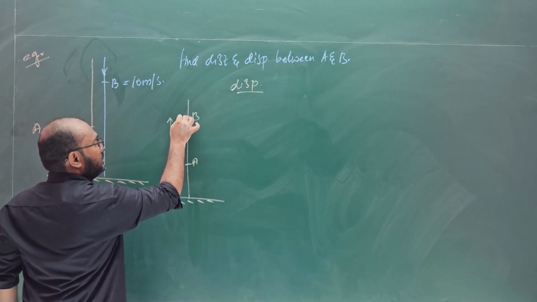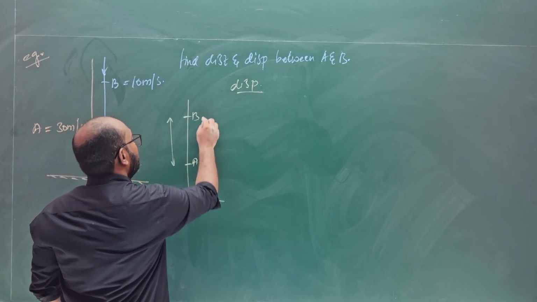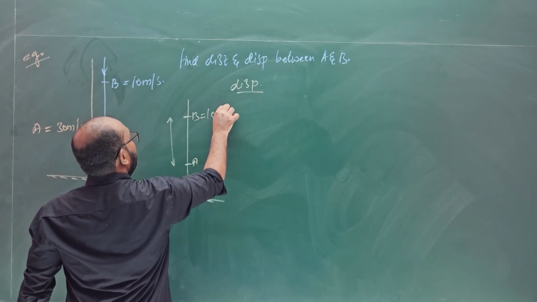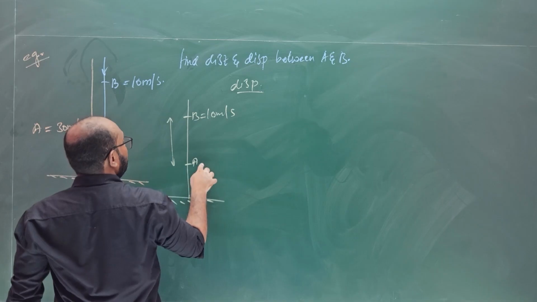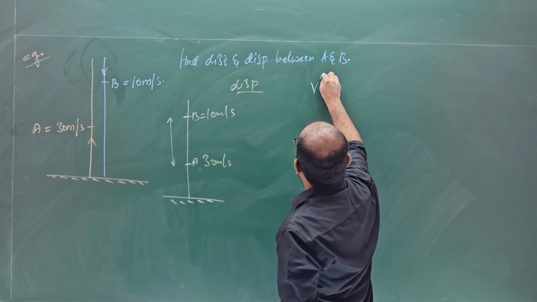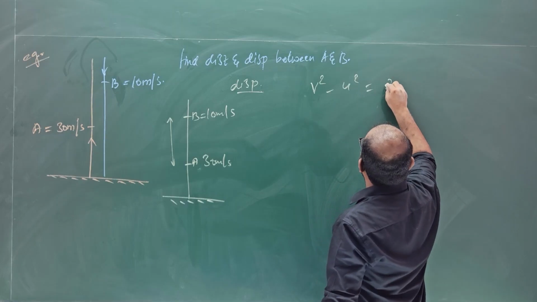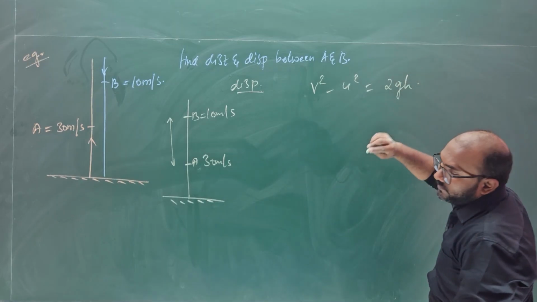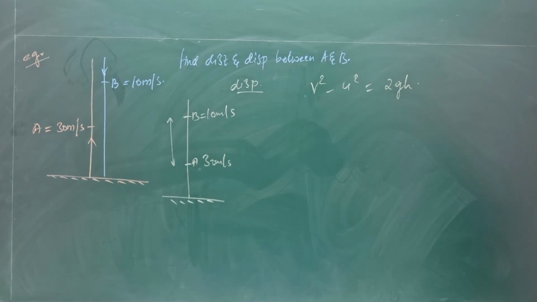A is here, B is here, displacement is over here. At this point velocity is 10 meter per second and at this point velocity is 30 meter per second. So can I say that v square minus u square is equal to 2gh?